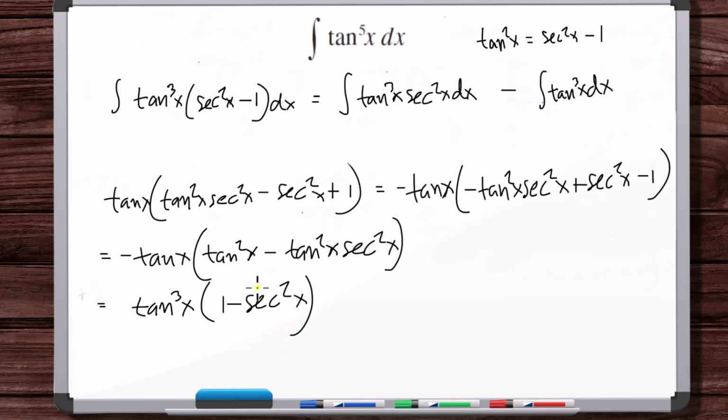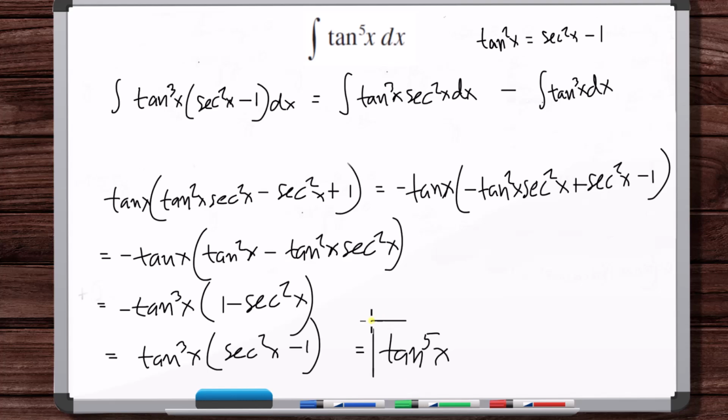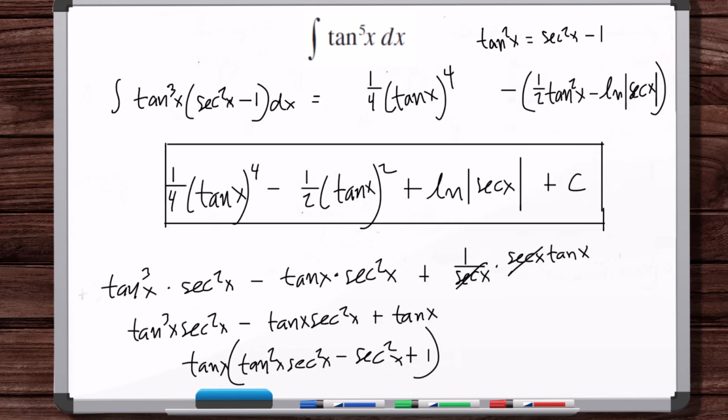We got a minus here. So now, if we factor out a minus 1 again, you've got tangent cubed of x, secant squared of x minus 1. Secant squared of x minus 1 is tangent squared of x. This is tangent to the 5th of x. So this is correct. I don't know where the textbook gets the secant to the 4th of x, but okay.